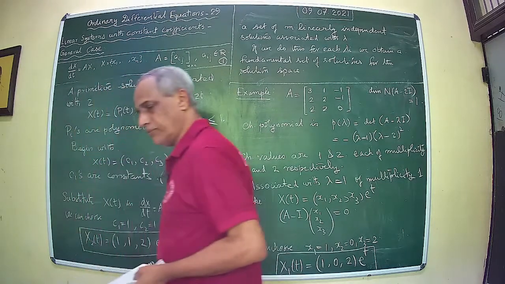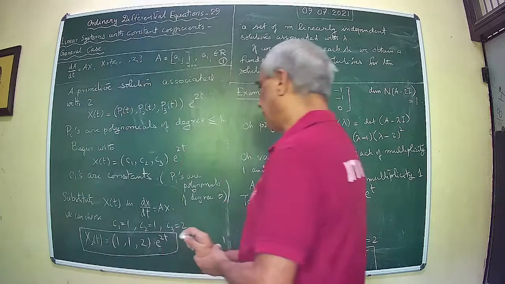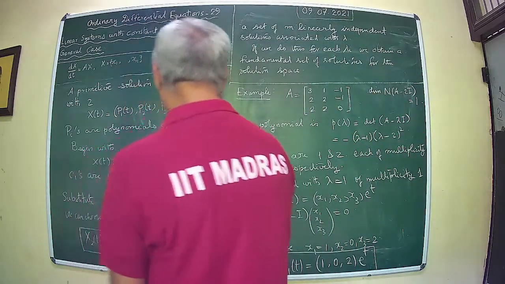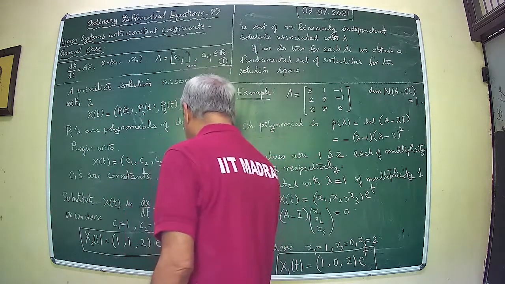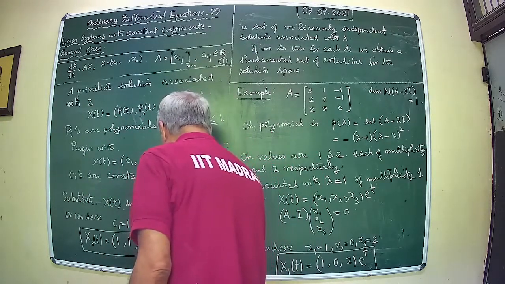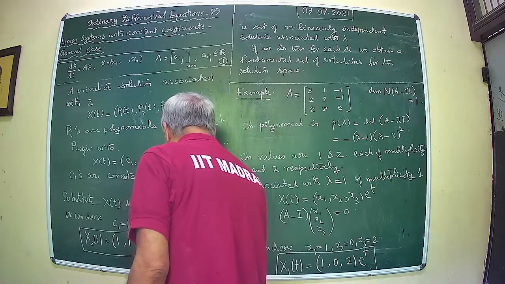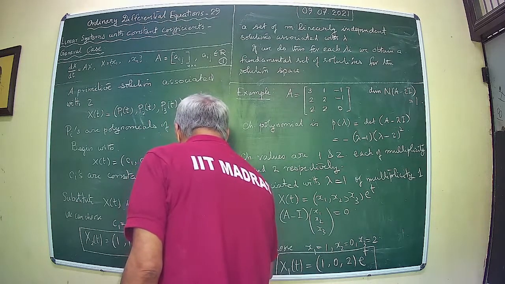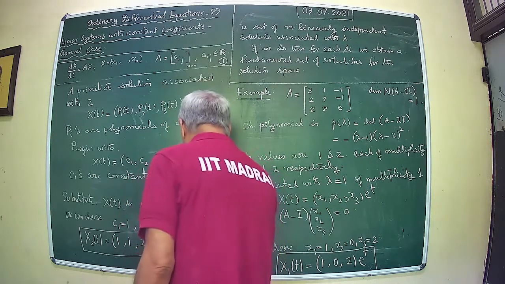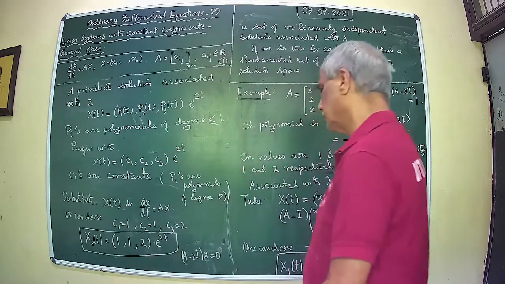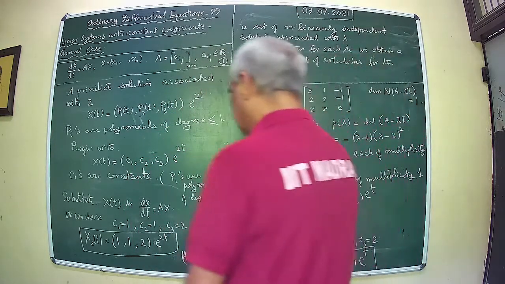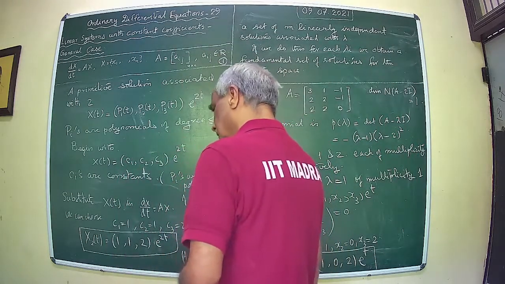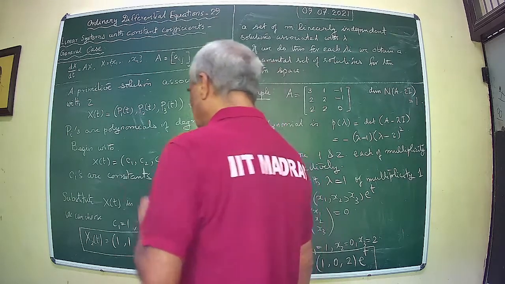Now how to get hold of x3? The problem is this: when you substitute this, you end up with the equation (A minus 2I) x equal to 0. Then you see that this equation will have rank 2.